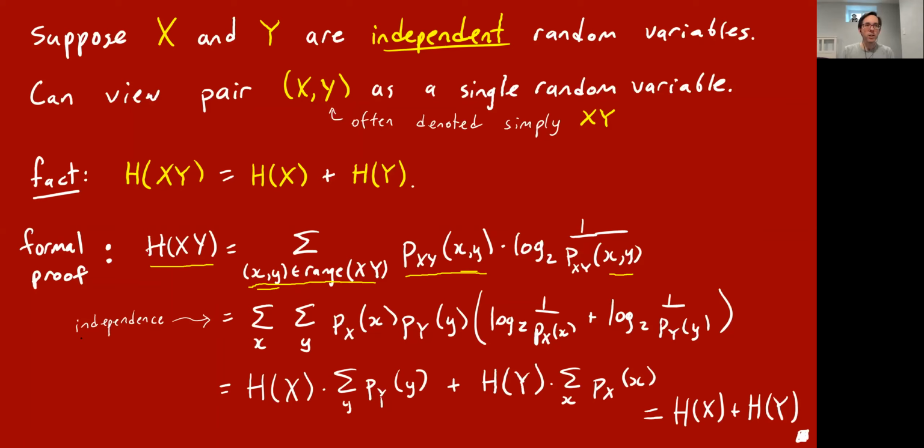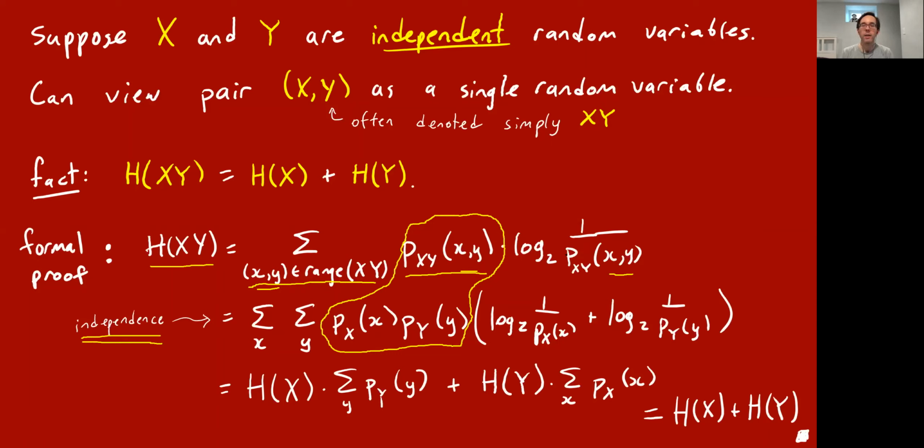And now we crucially use the fact that we're assuming the random variables x and y are independent in this story, which means that the probability of seeing some little x and some little y is just the product of the probabilities, the probability of seeing little x times the probability of seeing little y. And we can also break up the sum into a double sum, because the range of possible values for this joint random variable xy is just the range of x together with the range of y.